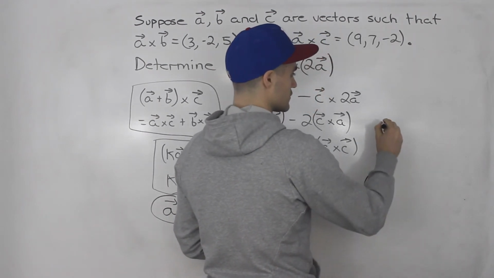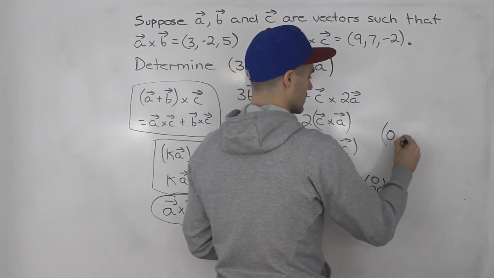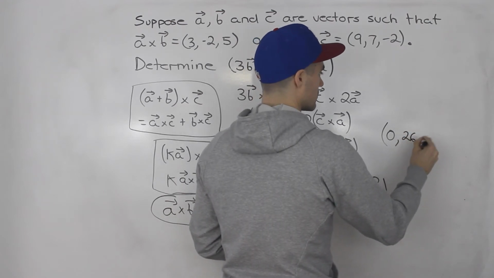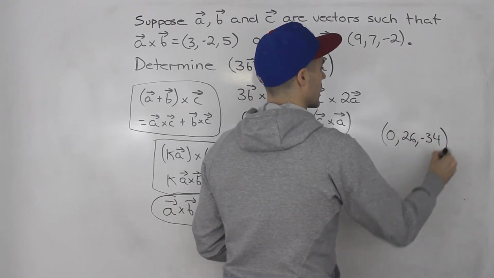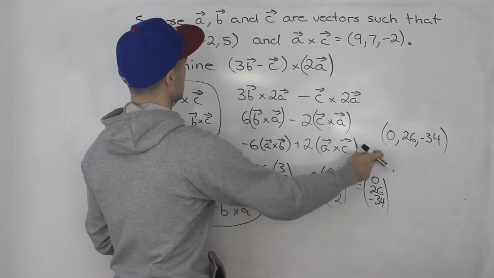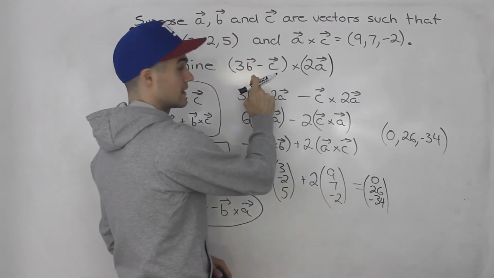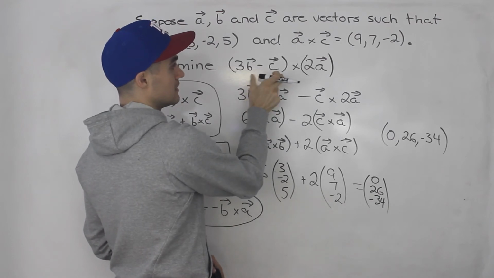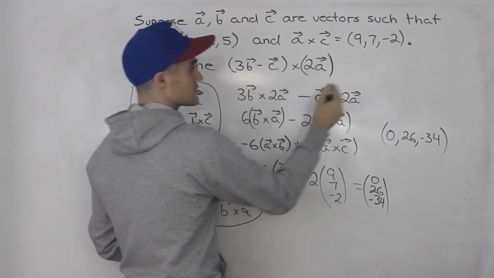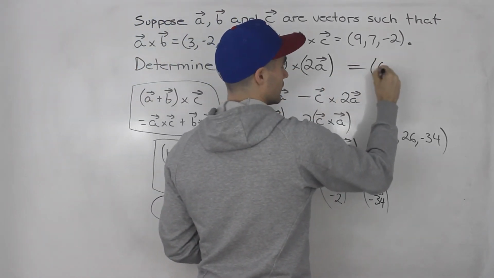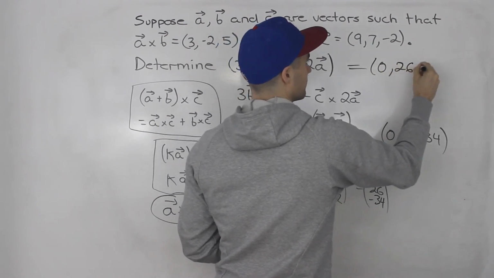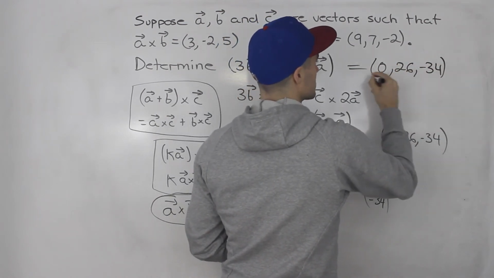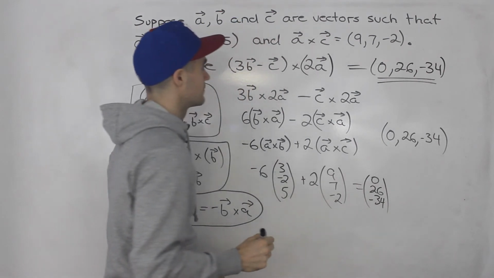And that there is your final answer, <0, 26, -34>. You could rewrite it in component form like that. This here is the expression 3B minus C, cross product with 2A. So that is your final answer.